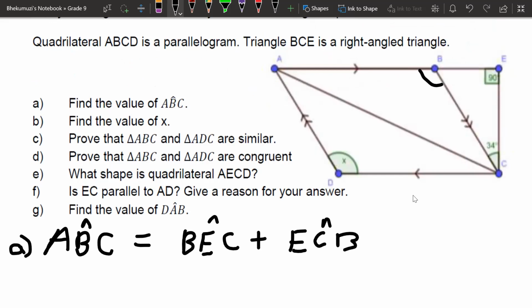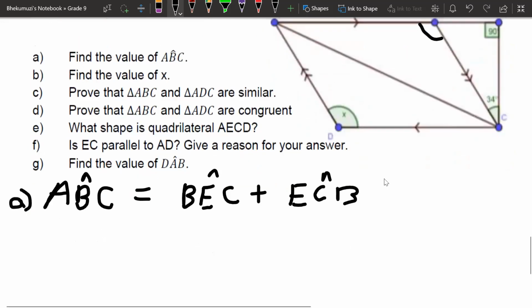If you notice, it's BEC and ECB that will give me ABC, right? So what's the reason for this?